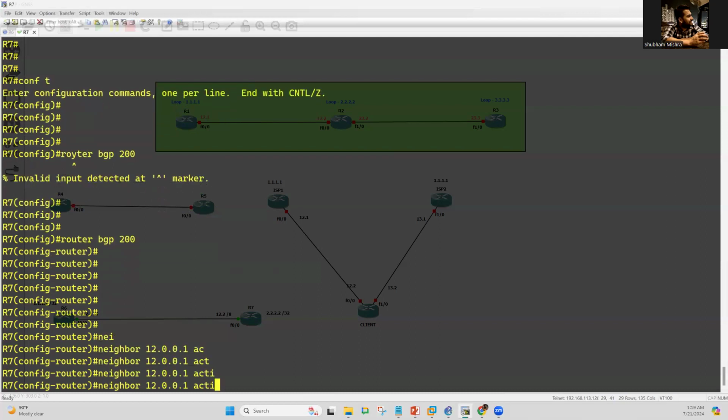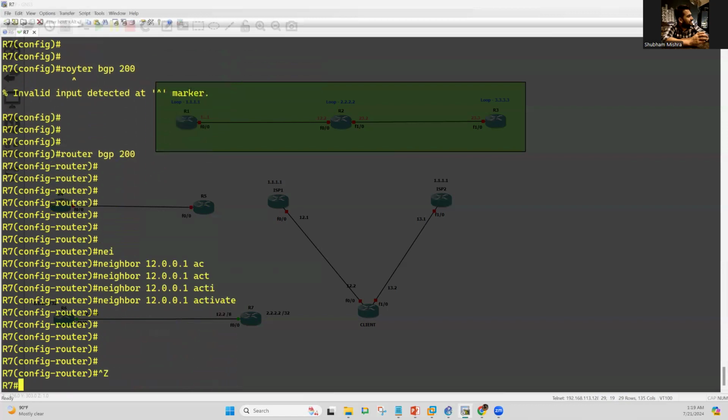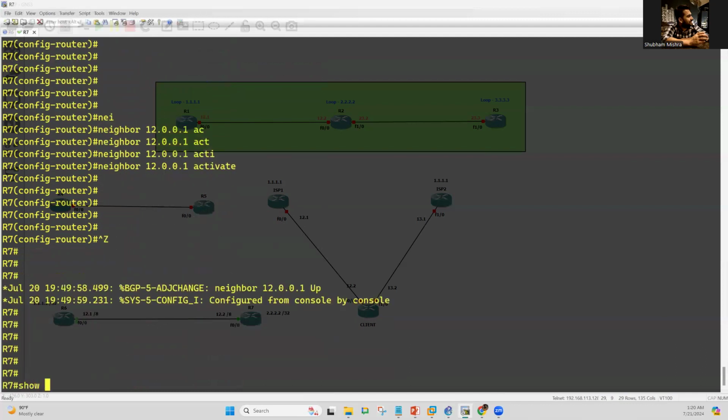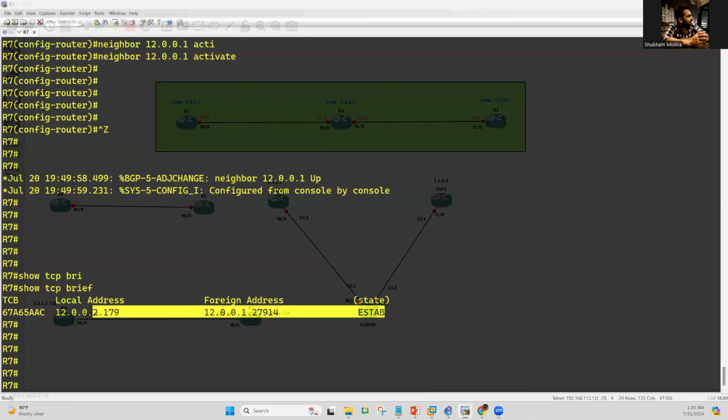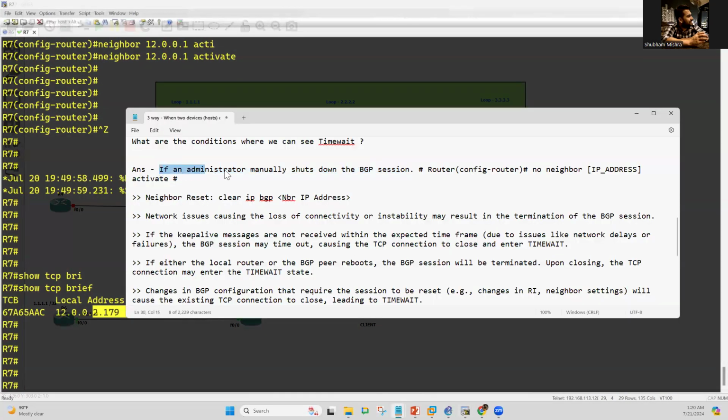Neighbor 12.0.0.1. This is the command. Activate. So, show TCP brief. See, now the connection is established. Tell me yes or no? Understand?